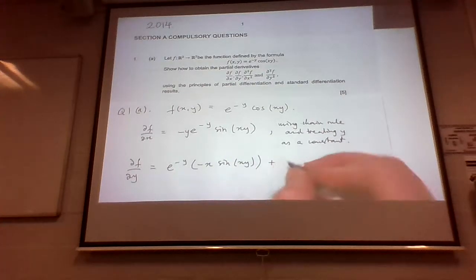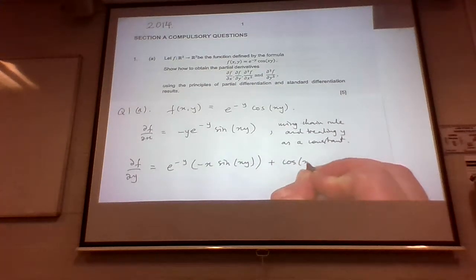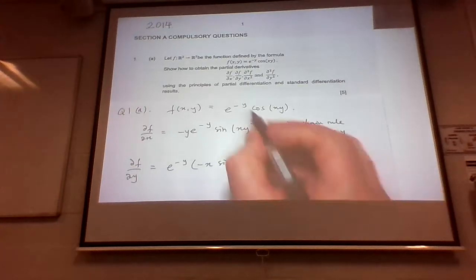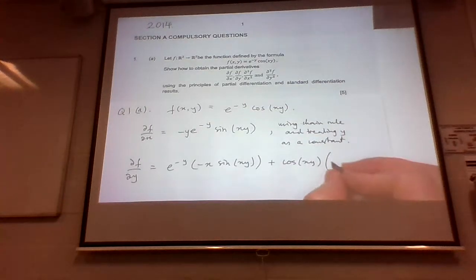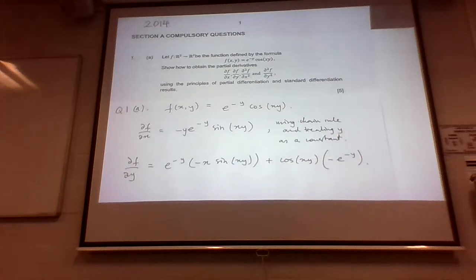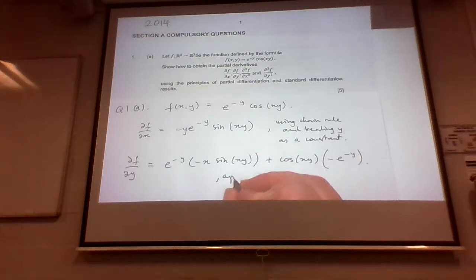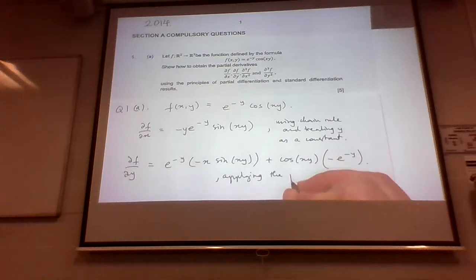And then next, we hold the other factor the same and multiply by the derivative of the other factor, which would be minus e to the minus y. So the justification for that is applying the product rule for differentiation with respect to y.